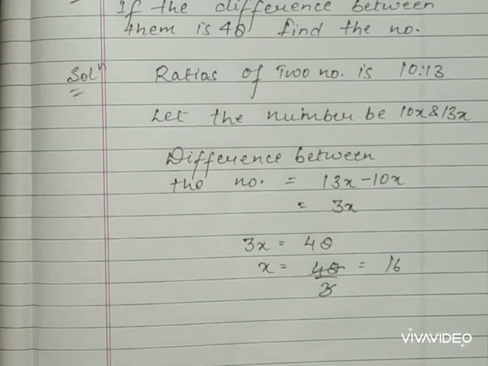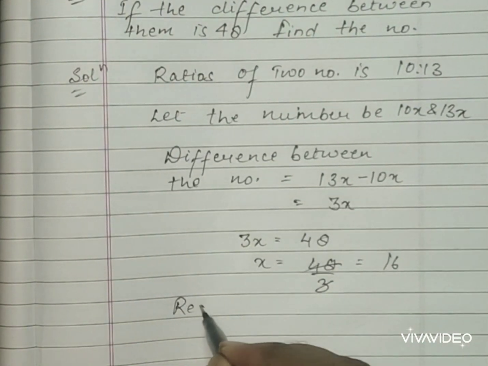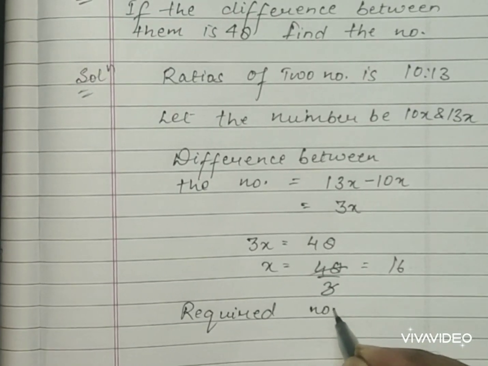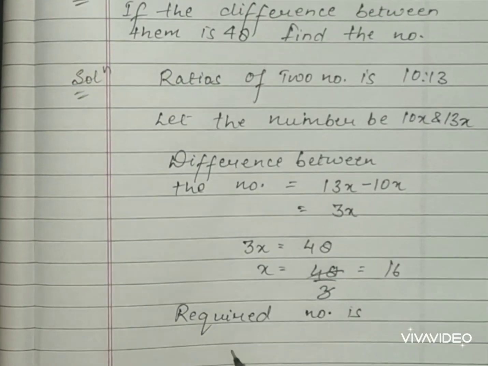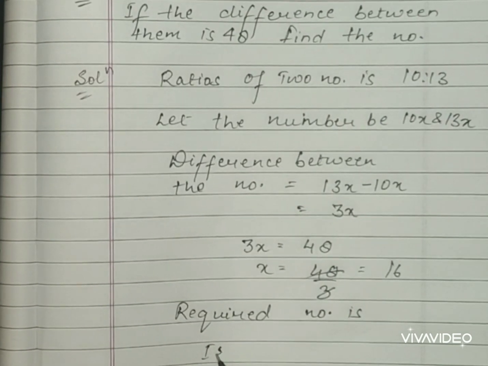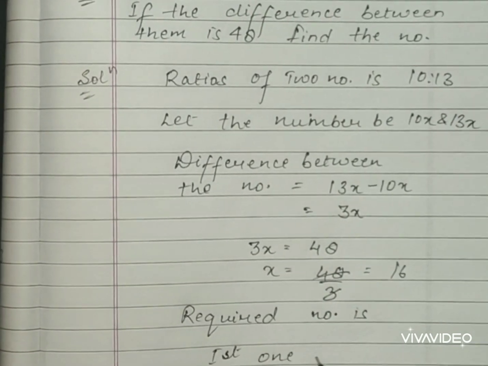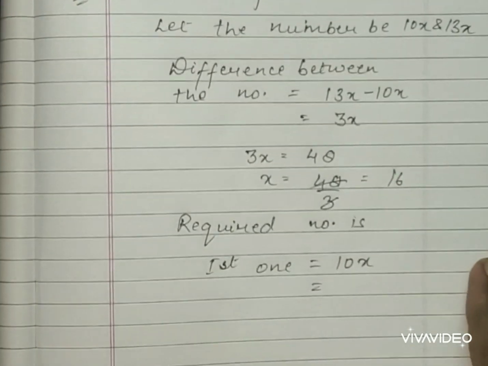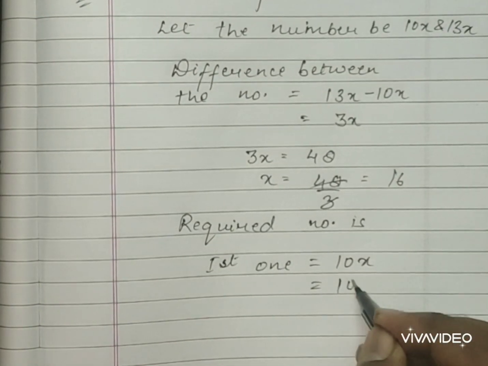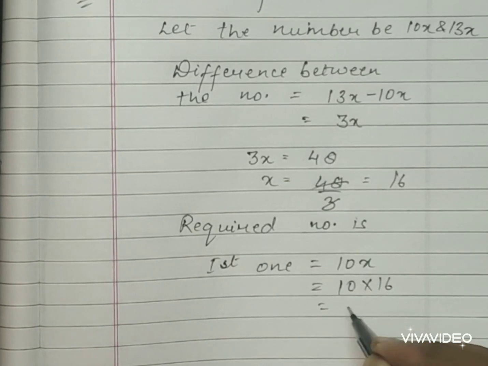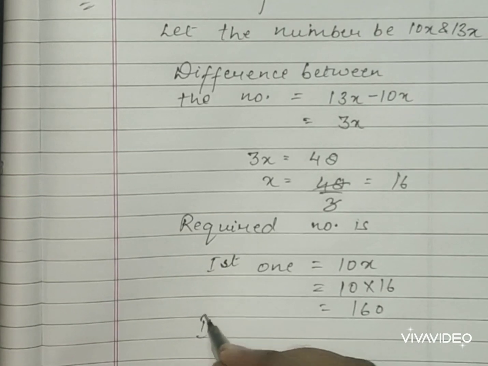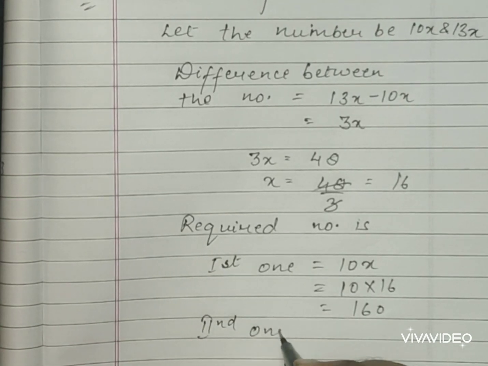So now the required numbers: first one was 10x. So value of x was 16. So 10 into 16, that is 160. And second one 13x.